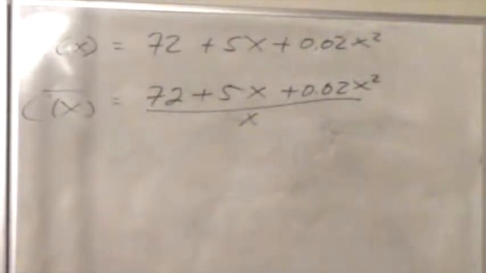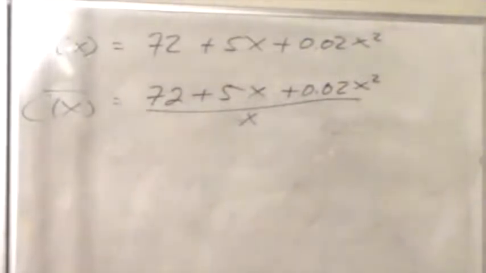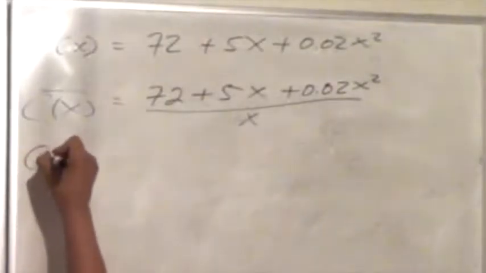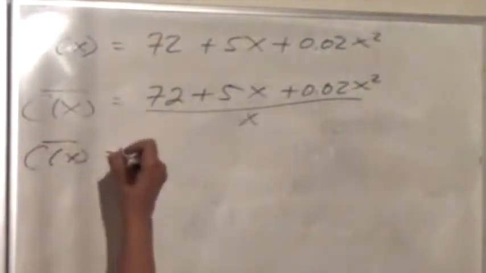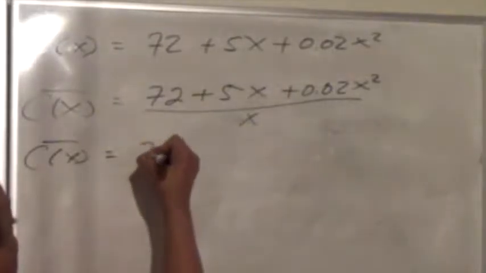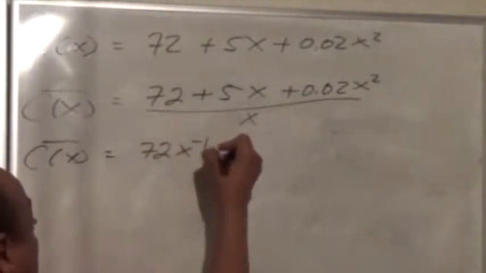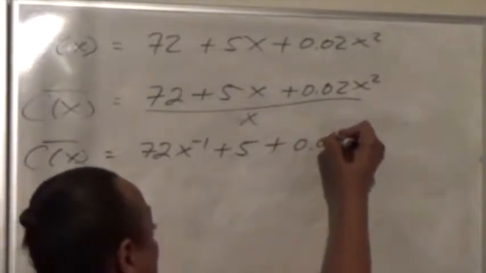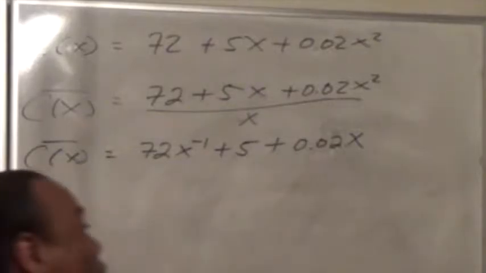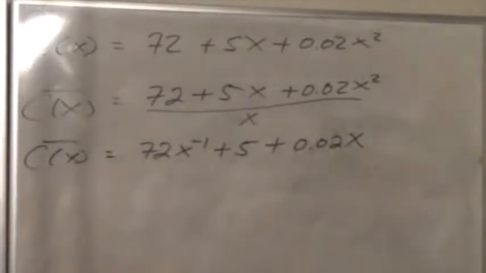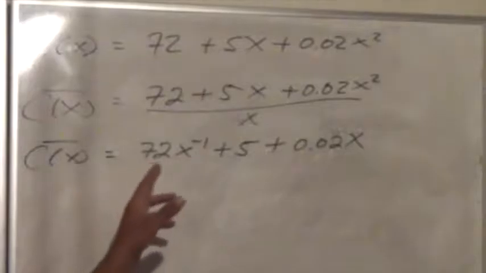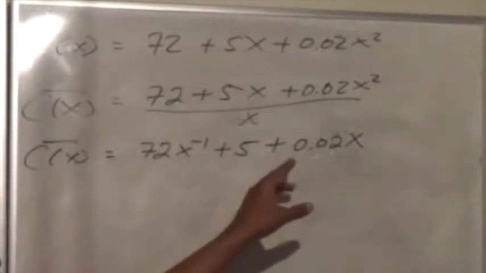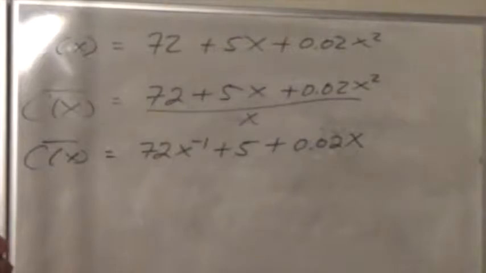I want to simplify this by dividing everything by x and getting powers of x next to each term. So dividing each term by x gives me 72x to the negative 1 power plus a constant of 5 plus 0.02x. Now I'll take the derivative of this.